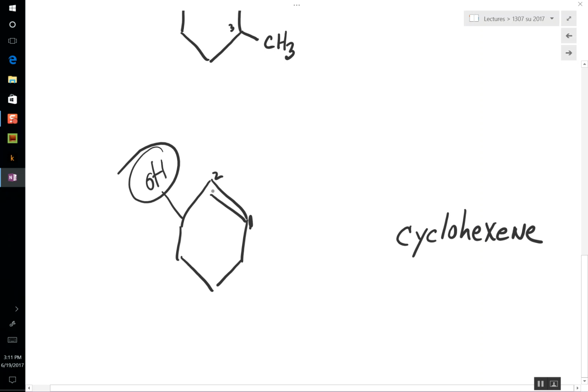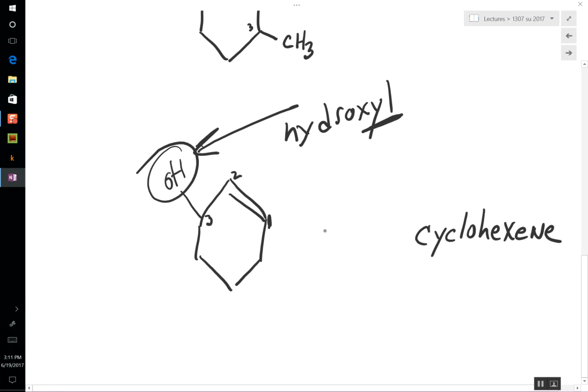We have to pass through the double bond. 1, 2, 3. So we will call this a hydroxyl group. You see the YL for a substituent. So this would be 3-hydroxyl cyclohexene.